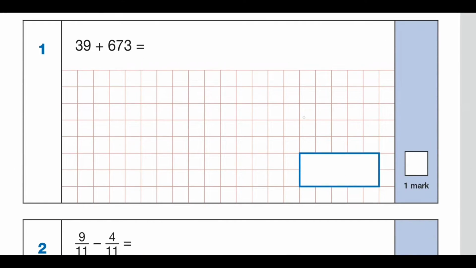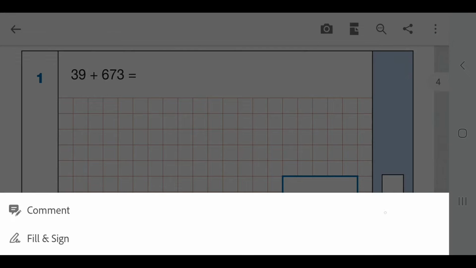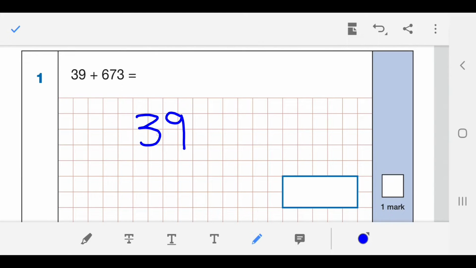Okay, starting off with question number 1. I always make a habit of rewriting the question, so I will do that. 39 plus 673. I'm going to use the column addition method.